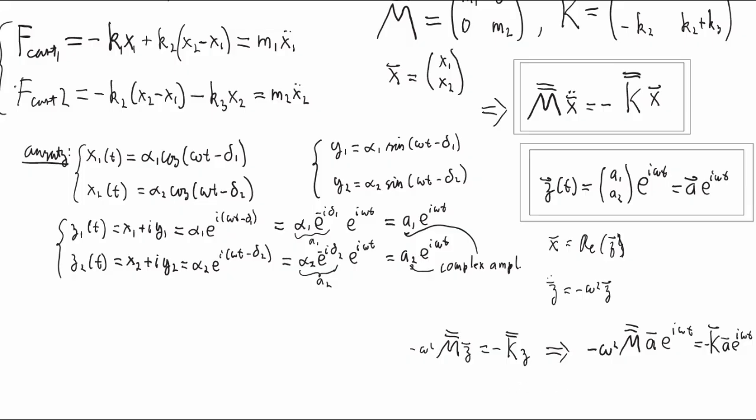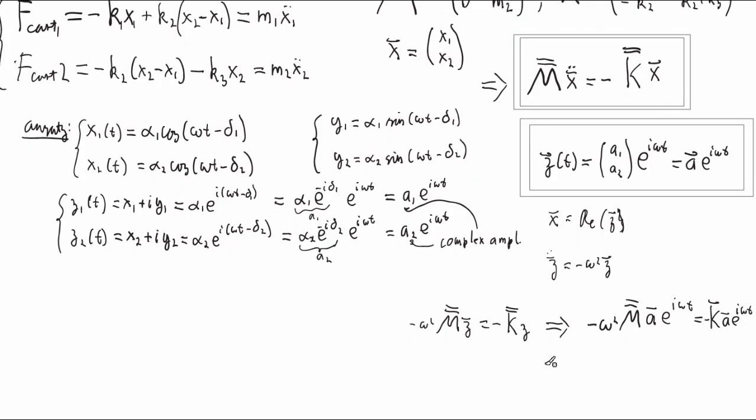And this we simply then rewrite as, you can see we can cancel out the exponents there, and then we rewrite this as the matrix K minus omega squared matrix M, scalar product with vector A, because this is a scalar product or vector product, equals 0.